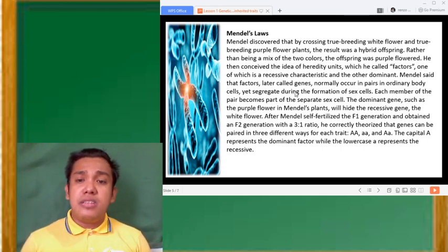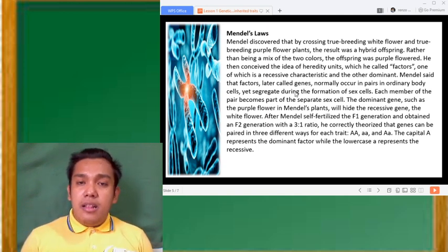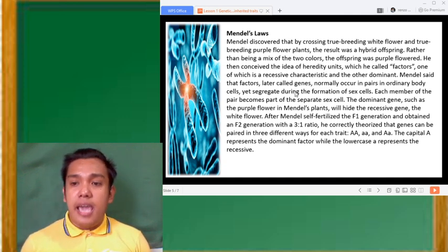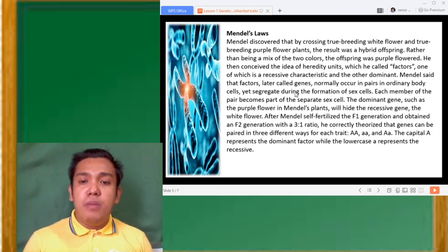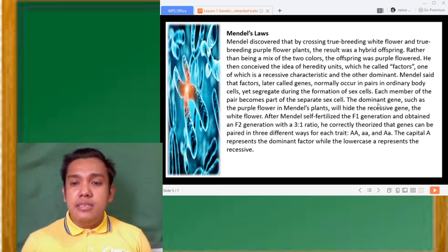After Mendel fertilized the F1 generation and obtained the F2 generation with a ratio of 3:1, he correctly theorized that genes can be paired in three different ways for each trait: two capital letters AA, two lowercase letters aa, and the mixed trait, which is uppercase A and lowercase a. A capital A represents the dominant factor, while the lowercase represents the recessive.